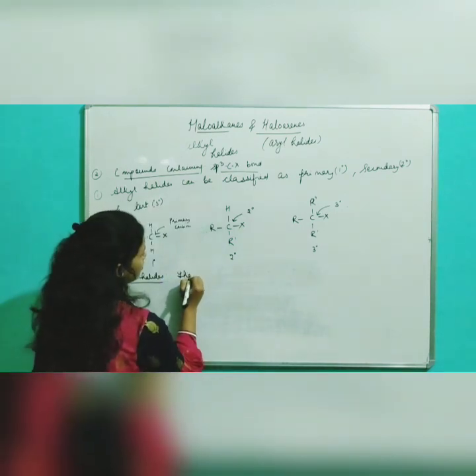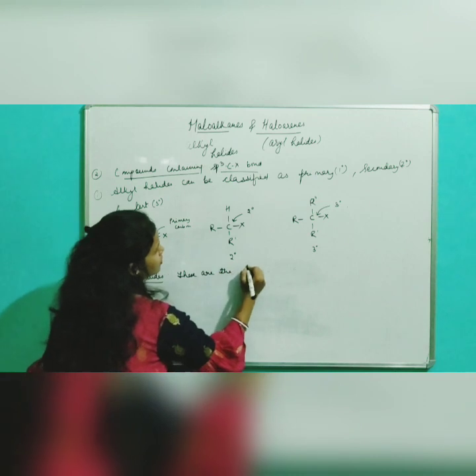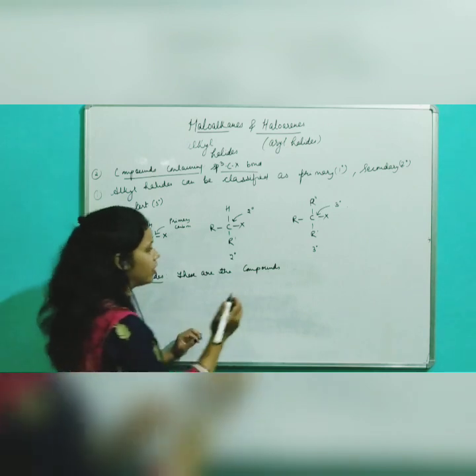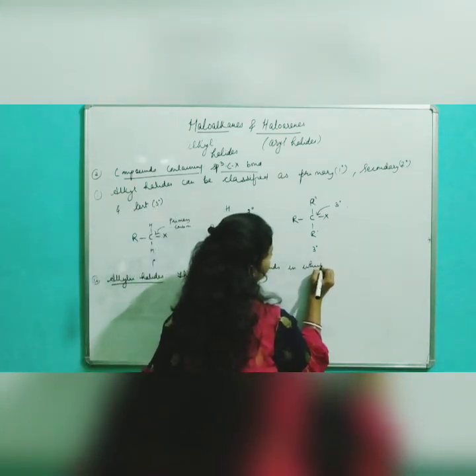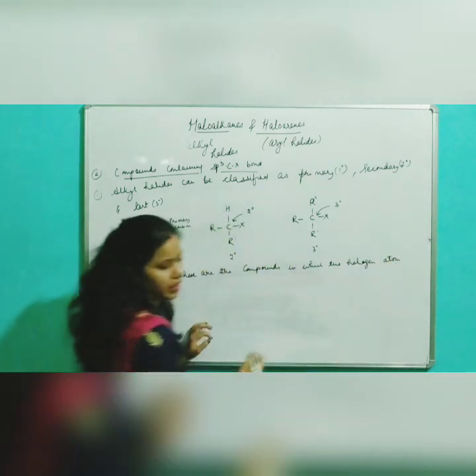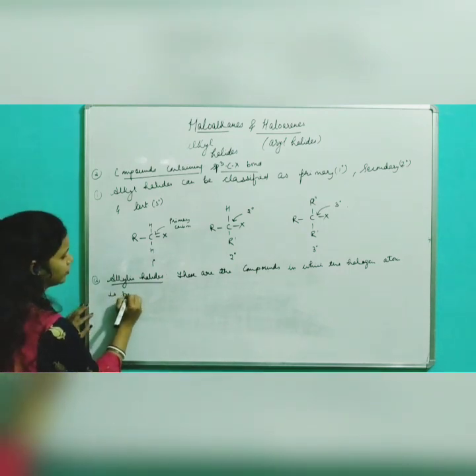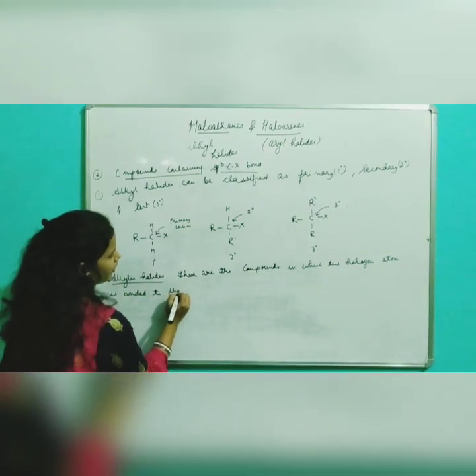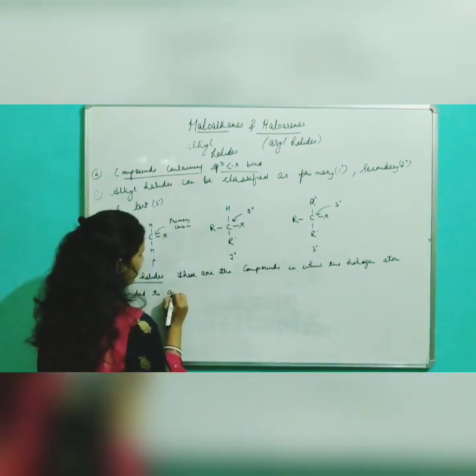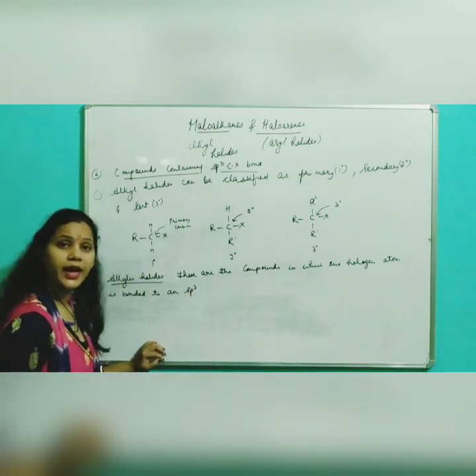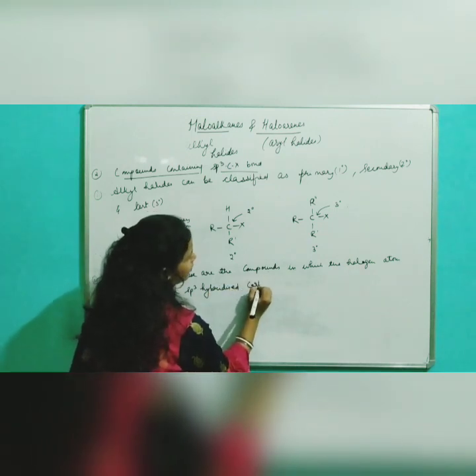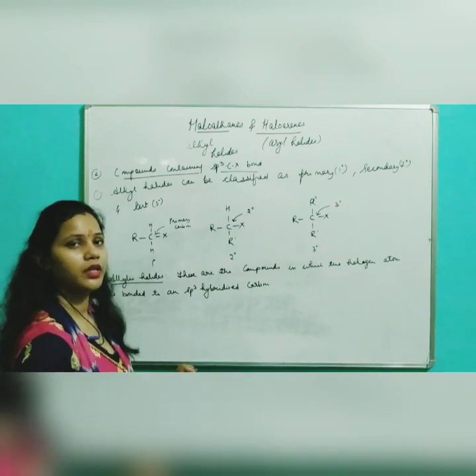These are the compounds in which the halogen atom is bonded to an sp3 hybridized carbon next to the carbon-carbon double bond.